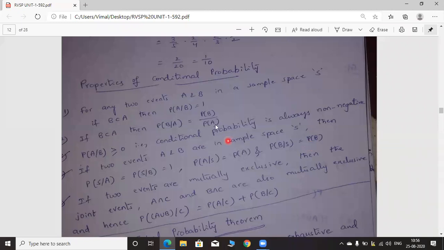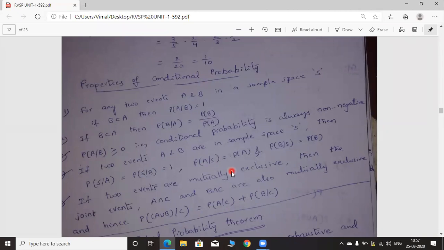So what are the properties of conditional probability? Once all of you have a look. By simply reading the properties, we cannot understand anything. We have to solve problems based on this concept.